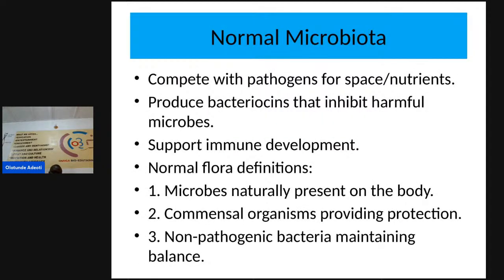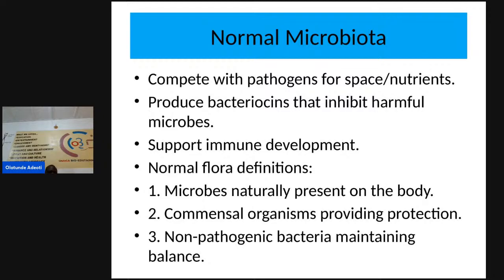Okay, then this one is going to lead us to certain microorganisms that are naturally found on the surface of a human, and part of the function they perform there is to help boost our immune system. So normal microbiota, which we also call the normal flora, competes with pathogens for space and nutrients.